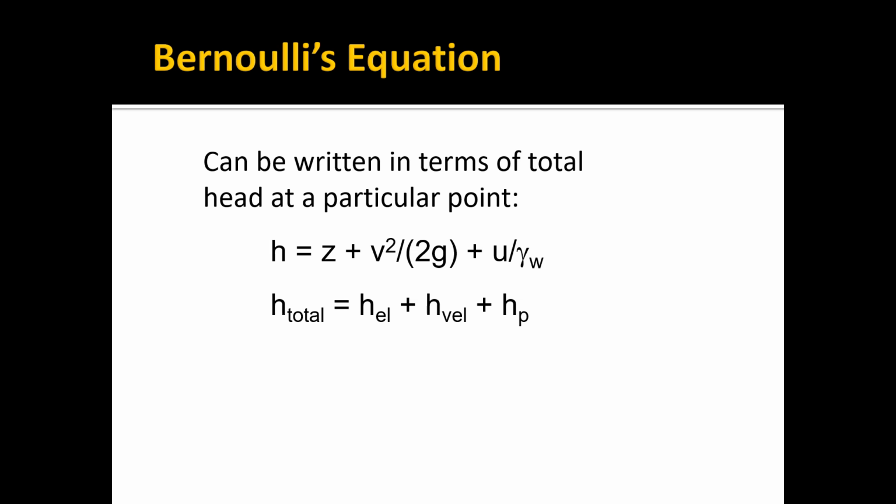Now each of these three terms on the right have a specific name and a specific meaning. Again, taken together, they form the total head, but the elevation Z, we call that the elevation head, and clearly it has units of length. V squared over 2g, we call that the velocity head, and U over gamma water, we call the pressure head. So each of those three things added up represent the total head. And it turns out they each have a specific physical representation.